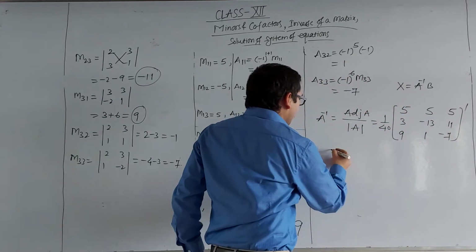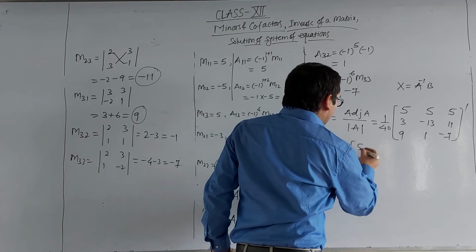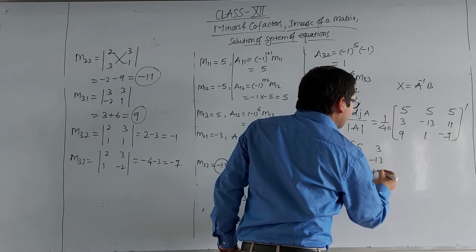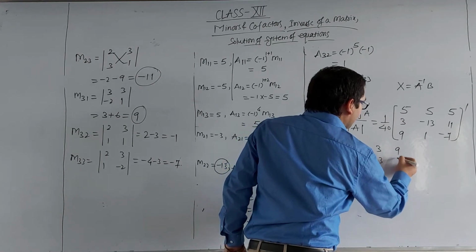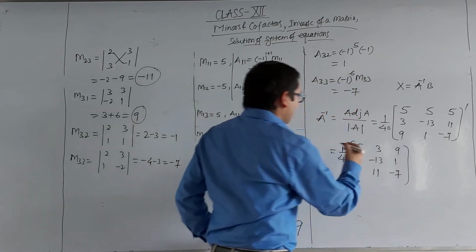So A inverse will be equal to 1 upon 40 times 5 5 5, 3 minus 13 11, 9 1 minus 7, with rows converted into columns. Okay, this is the A inverse.